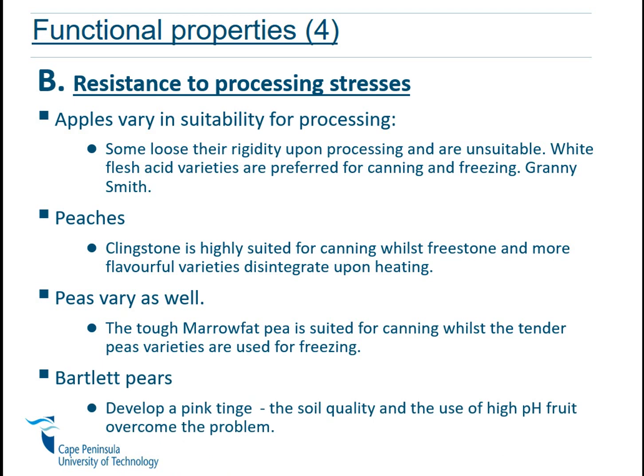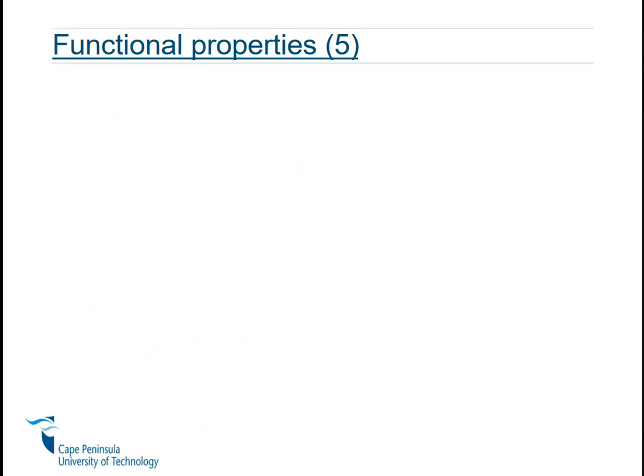So the soil quality and the use of high pH fruit is a big problem that manufacturers need to deal with, and this is basically because of the tannin content of these varieties. The growing conditions and soil types are shown to be important in controlling this defect, and using high pH fruit could eliminate the pink tinge formation.